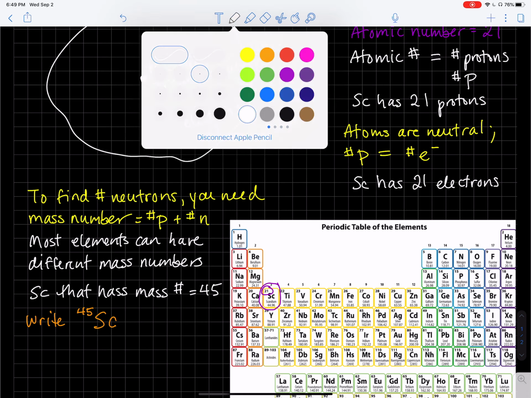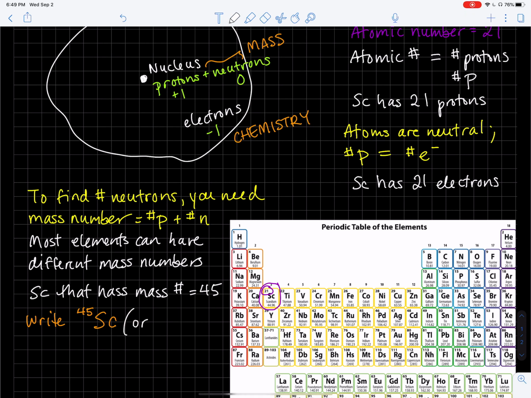You can, by the way, write it with the mass number in the top and the atomic number in the bottom. Sometimes people do that. You don't see it very often because that 21 is redundant.